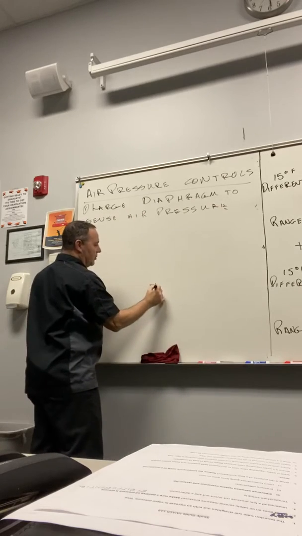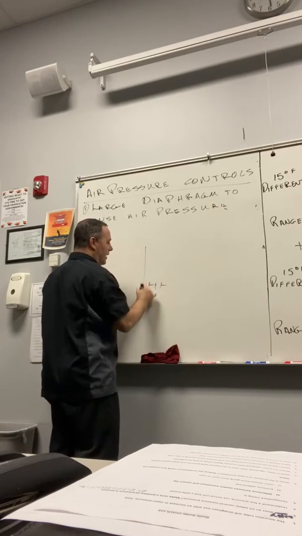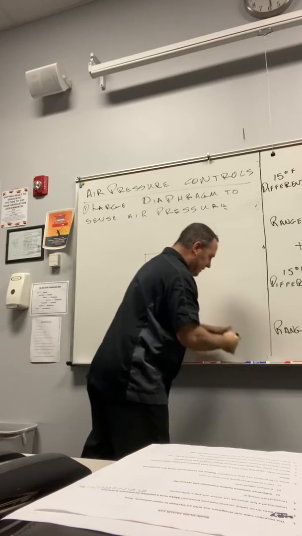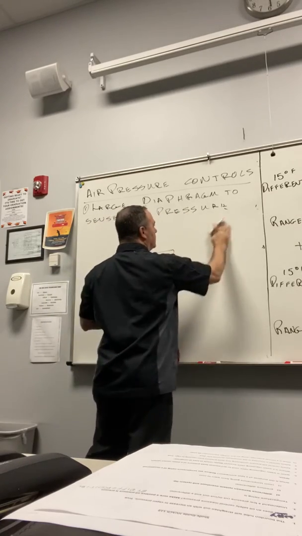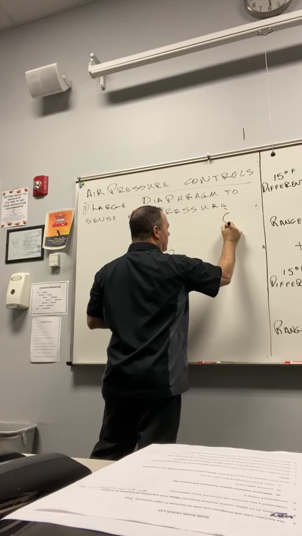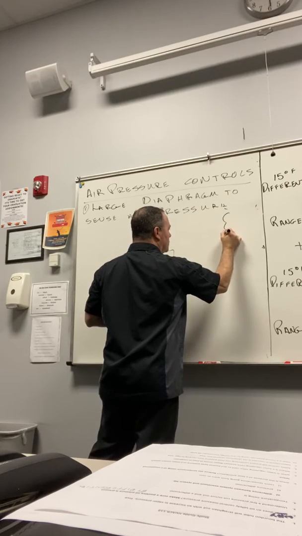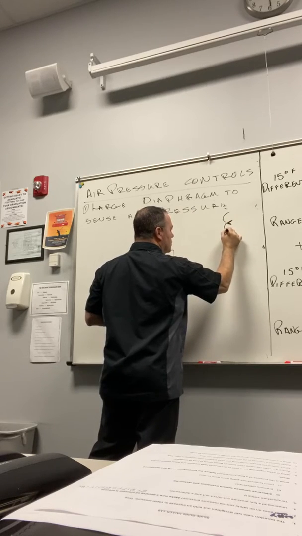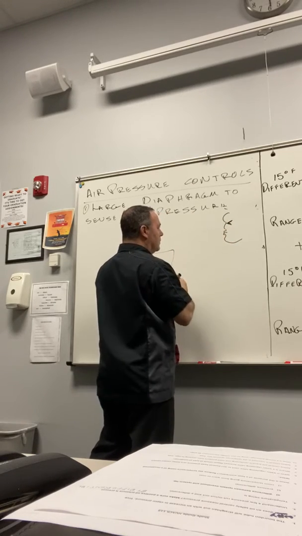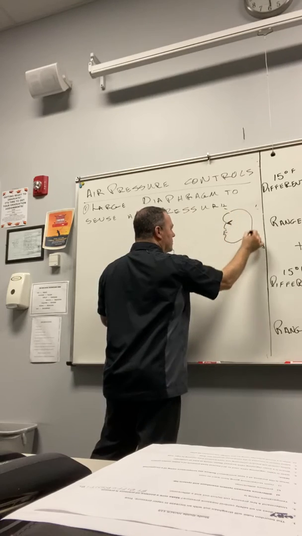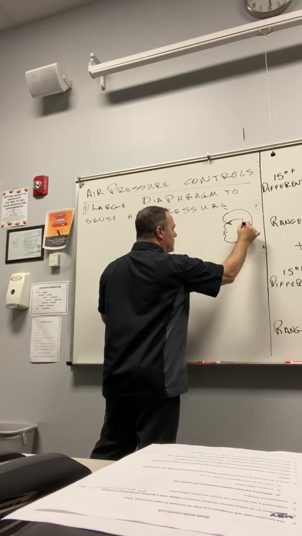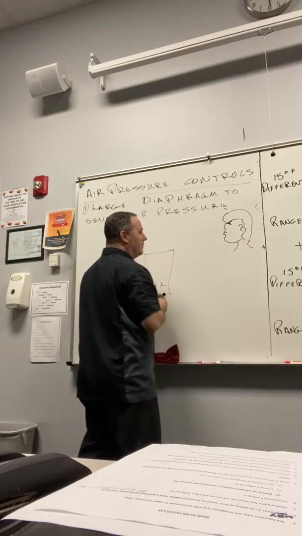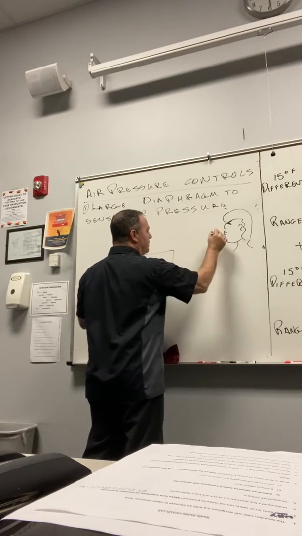Let's say you had a control here with some contacts in it, all right? And you wanted the air blowing like this. There's my cool dude, and he's blowing air.